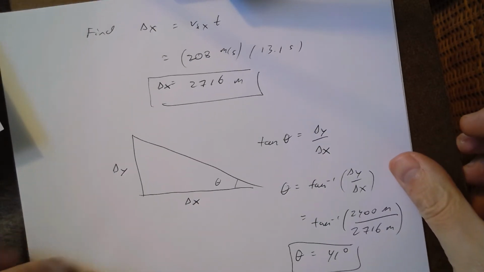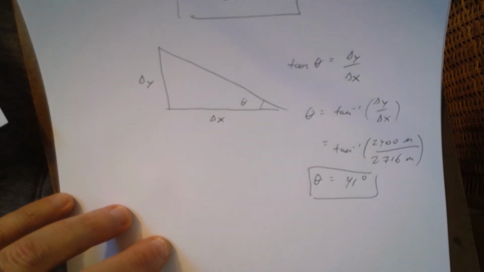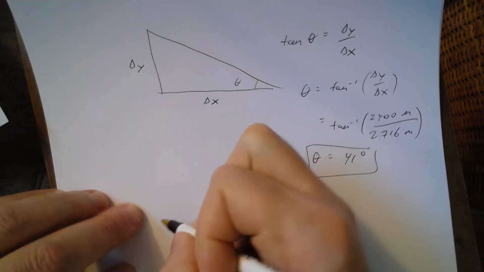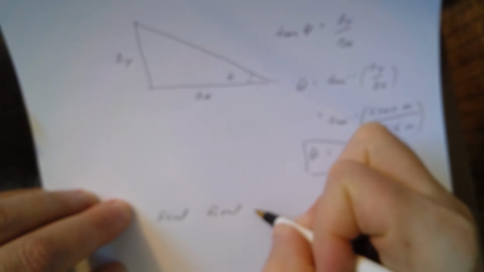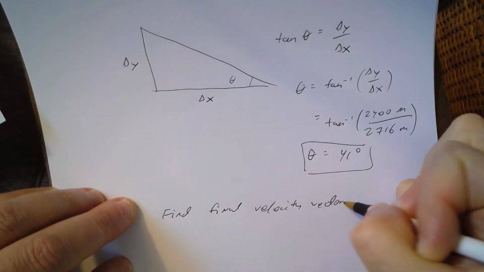Now, the other parts of the walk-around quiz asked you to find the final velocity vector, magnitude and direction, so that means I have to make a third triangle.